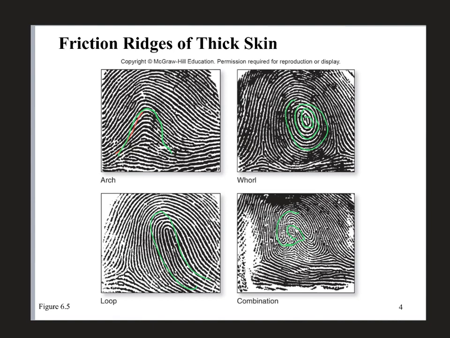Each of us, the epidermis and the dermis come together and form these friction ridges on our fingerprints, or our fingers, across our whole skin, but obviously more dense and more compact in the fingers.